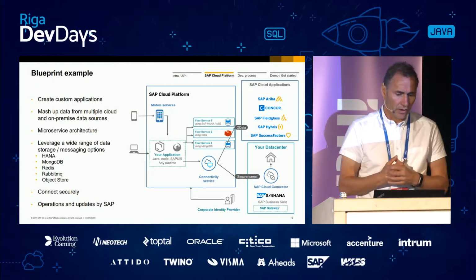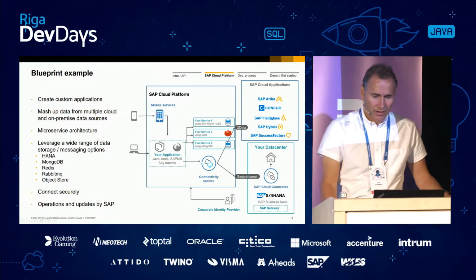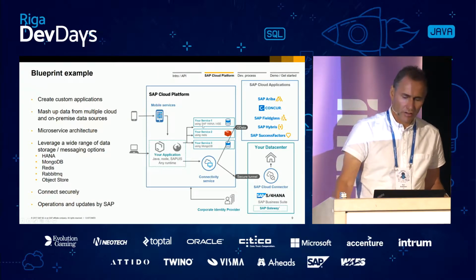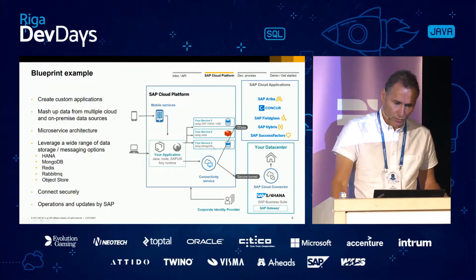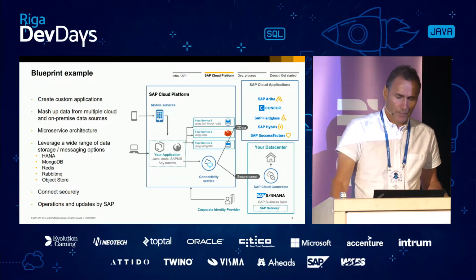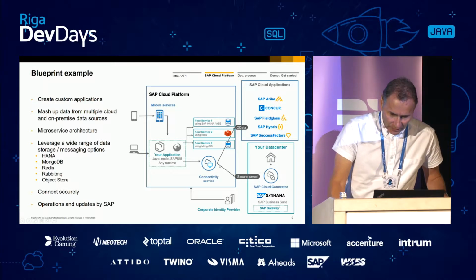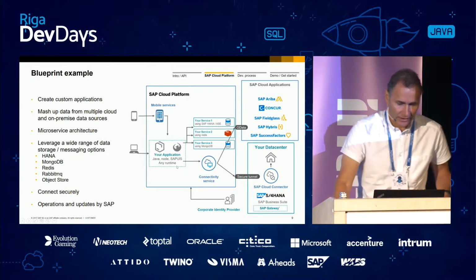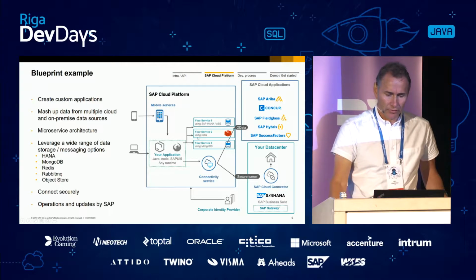Because we embrace a microservice architecture, you could build multiple microservices, each of them independent, using their independent backing service, such as Redis, MongoDB, and also RabbitMQ, and other services. They are all available on top of Cloud Platform. Then the Java application, or basically using more or less any runtime, is consuming those services through APIs.